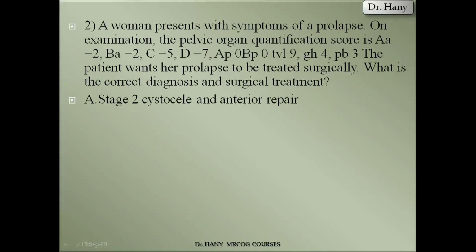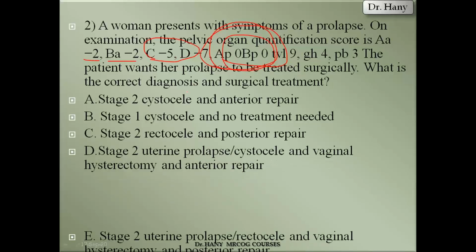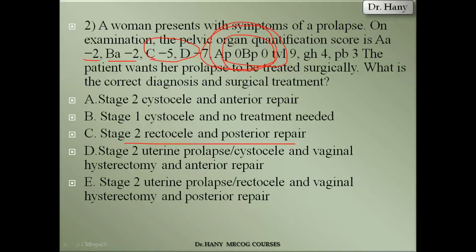You see, A at -2. This is stage 1. Anterior stage 1, posterior stage 2. So, stage 2 rectocele, and the answer will be posterior repair if she wants a surgical treatment.